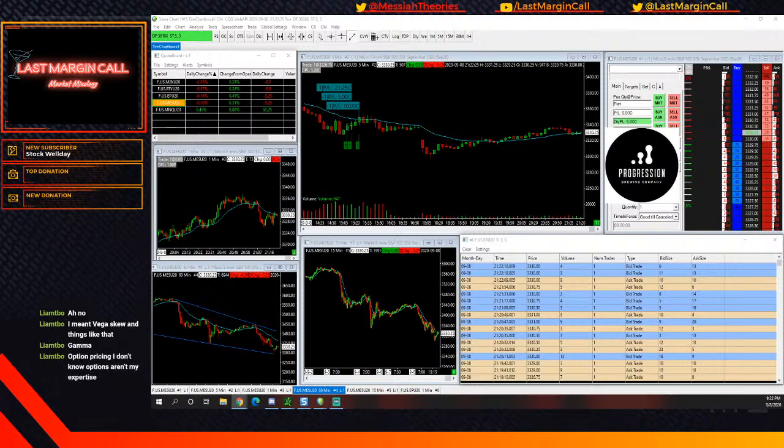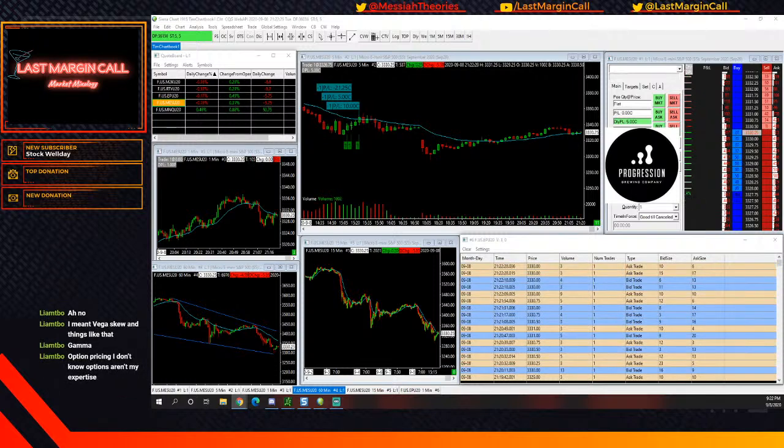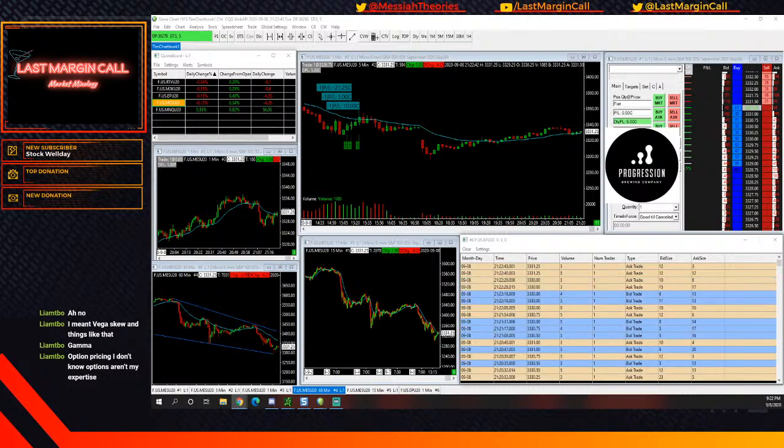How would you want that represented though? If you're looking for Vega skew and gamma, how do you want that? What do you want with that data? Do you want it charted? Do you want it just as it is?